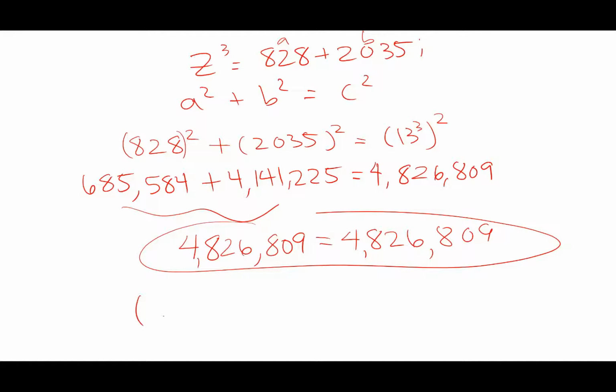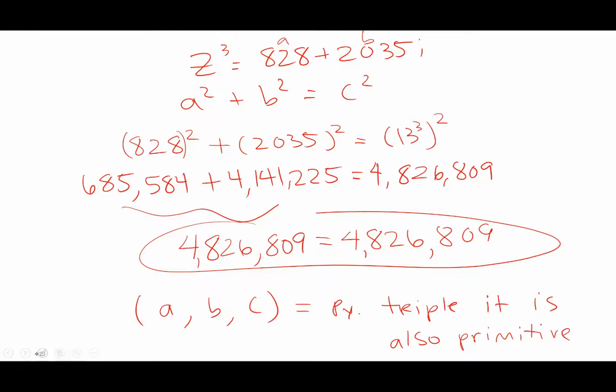So what we get is a, b, c, a Pythagorean theorem triple, and it is also primitive. They're all prime with each other. The only common factor would be 1.